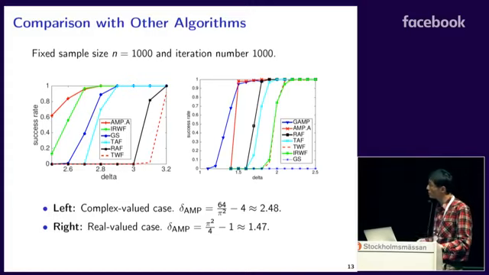As you can see in both figures, our AMP.A algorithm, which is the red curve over here and here, achieved the best in the complex-valued case and second best in the real-valued one. But I have to point out that the best algorithm in the real-valued case, which is the Bayesian gap, requires additional knowledge about the true distribution of the true signal x0, or x star, which is not required by all other algorithms.